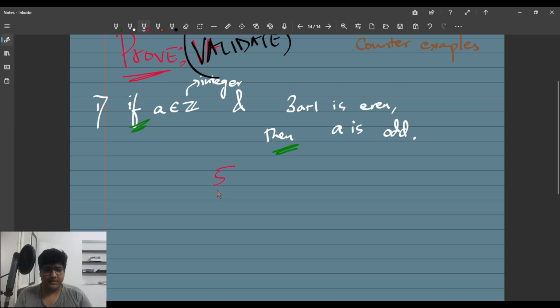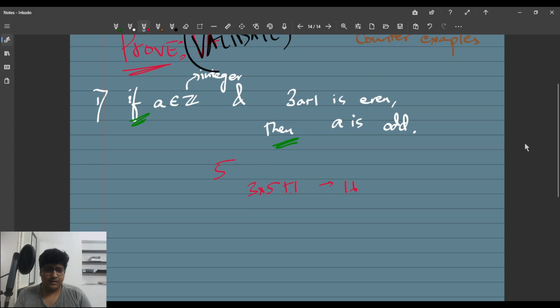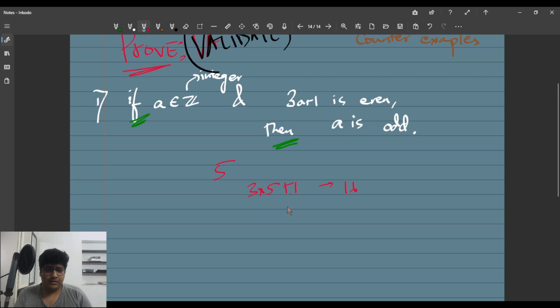Maybe 5 can be an integer, and 3 into 5 plus 1 is 16, which is even, so it satisfies the criteria. And what is the value of a?